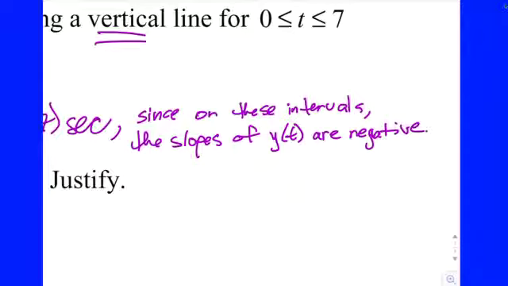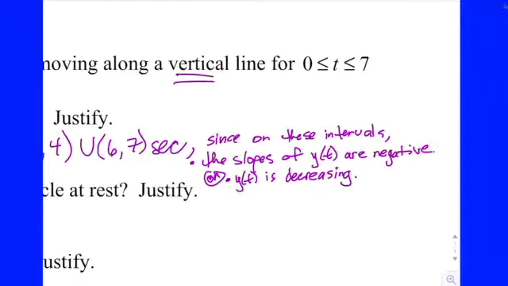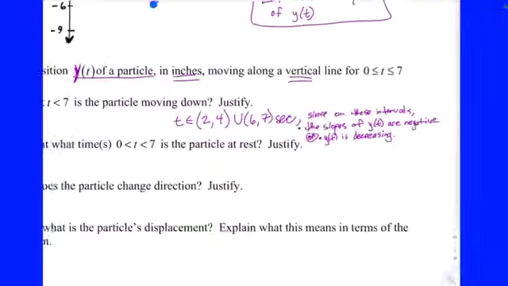Or you could say, since on these intervals y of t is decreasing. I would say the same thing. So you always want to relate your justification specifically to what is given. We're given the graph of y, so we have to show or explain how we're using that graph to justify or get our answer.